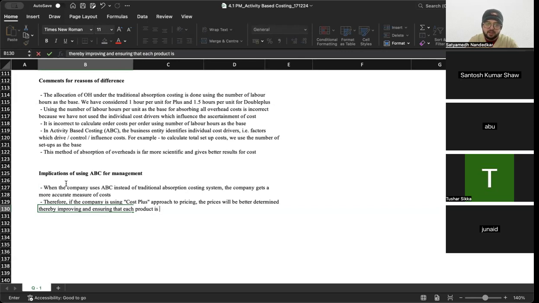If your cost is more accurate, then naturally your selling price per unit that you are determining using the cost plus approach is better. That means now you will be able to ensure profit on every item. Each product is profitable on its own.